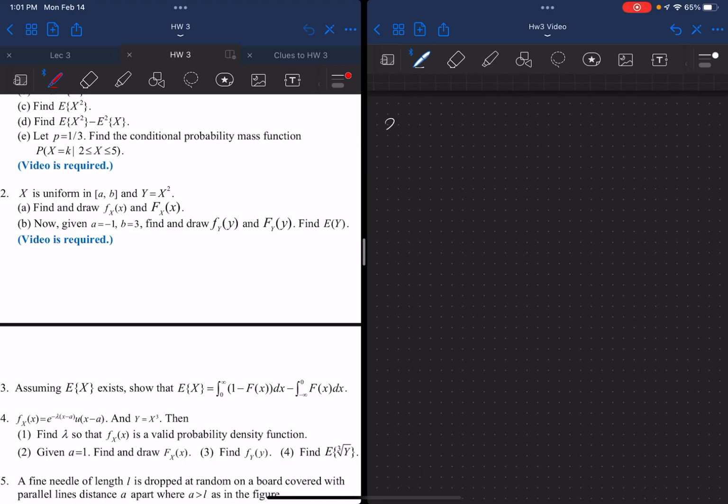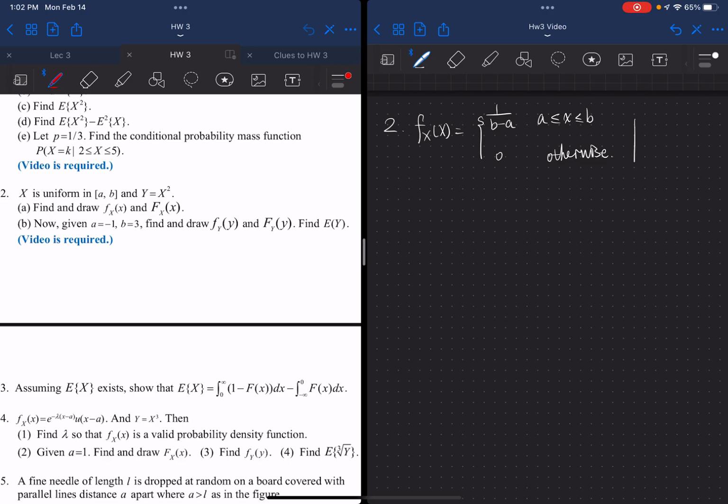For problem 2, we are given that X is uniformly distributed from a to b. So the probability density function of X is f_X(x) equals 1 divided by (b minus a), where x is from a to b, and the density function equals 0 otherwise.